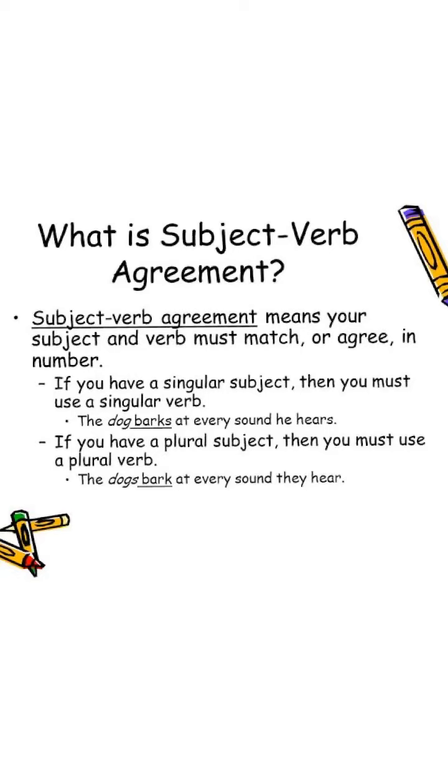If you have a plural subject, then you must use a plural verb. The dogs bark at every sound they hear. You will use a black pen, only a black pen to write, and only this part, I repeat, only this part you will write in your copy.